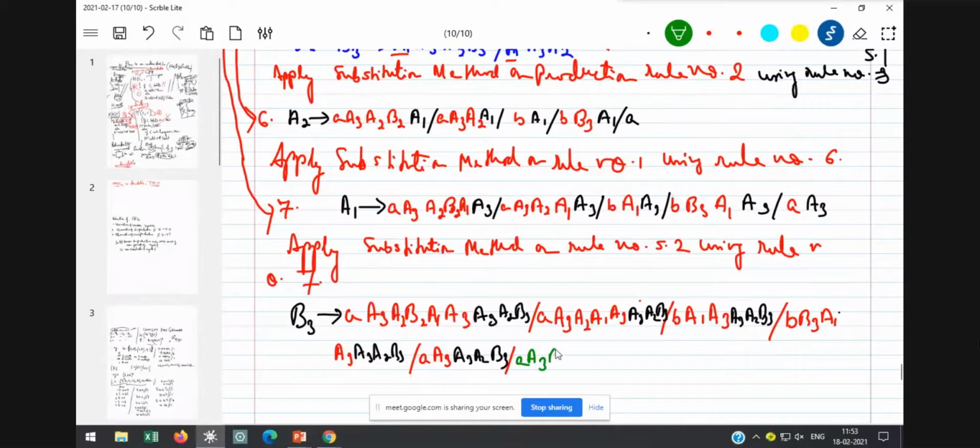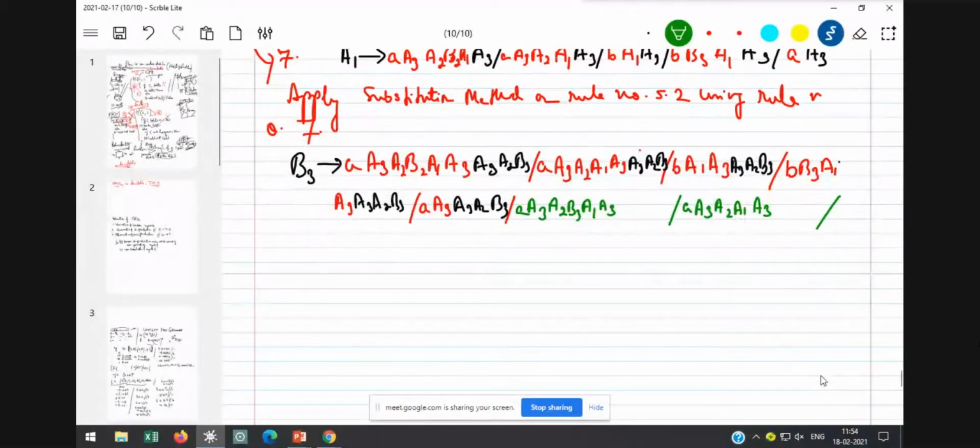A non-terminal A3, A2, B3, A1, A3, then some space, A, A3, A2, A1, space, let me write B, A1, A3, B, B3, A1.